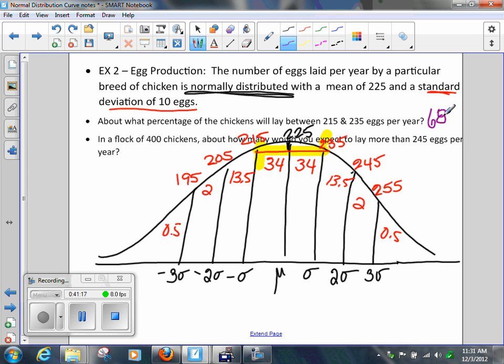And the way you may know the 68% number, I'm totally going to add every single time 34 plus 34 to give me 68. What, in a flock of 400 chickens, about how many would you expect to lay more than, very important, 245 eggs per year? Where do I even start?